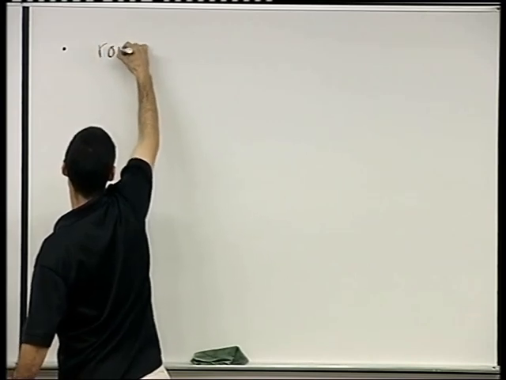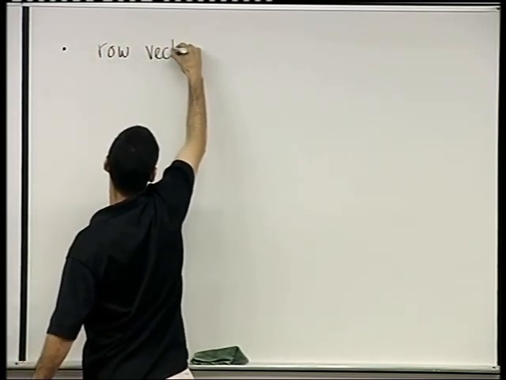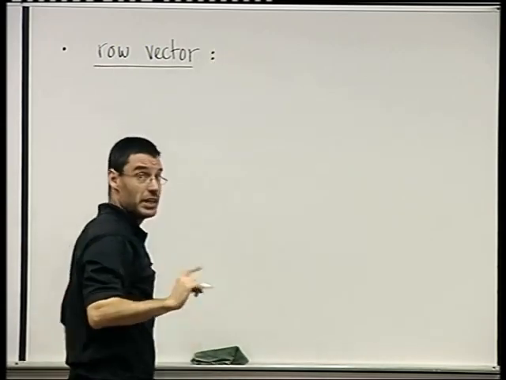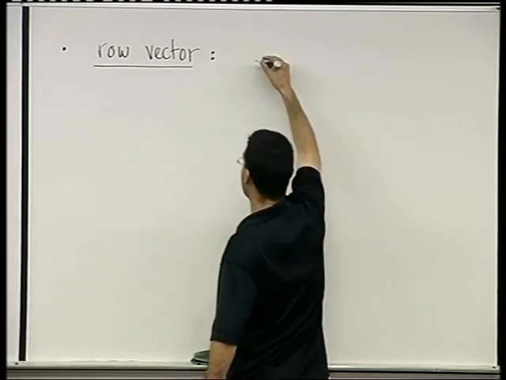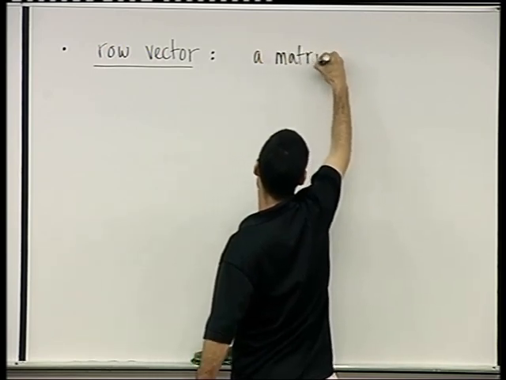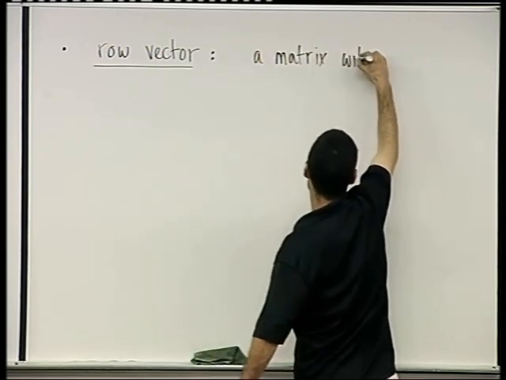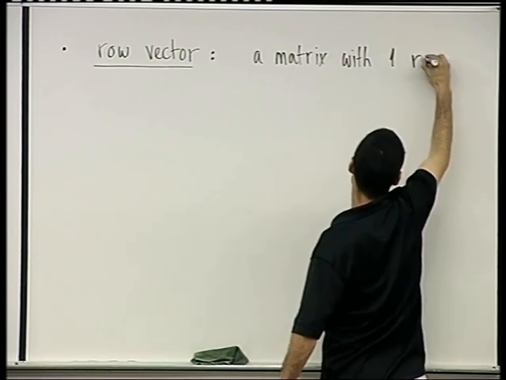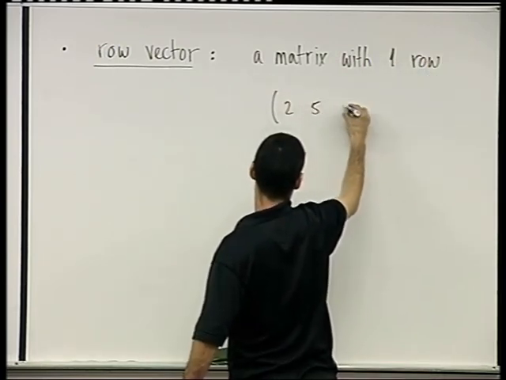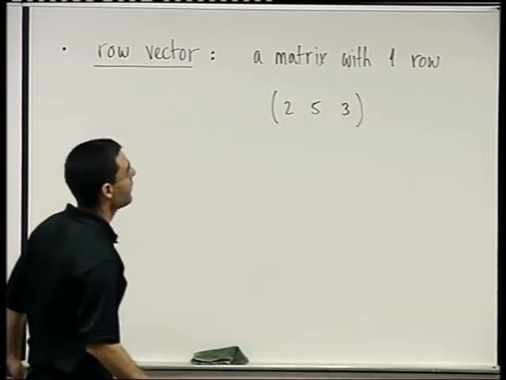So a row vector, and the formal definition of vectors will follow later in this course. So a row vector is a matrix with one row. So for example, 2, 5, 3. This is a row vector.